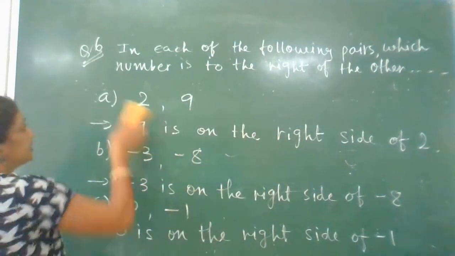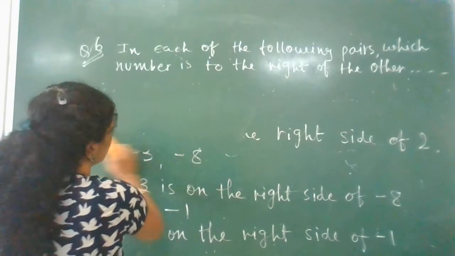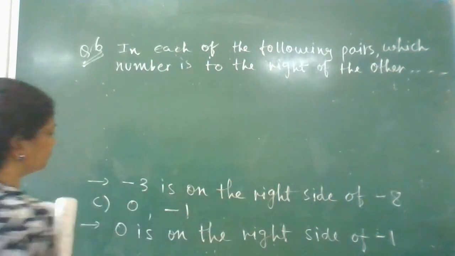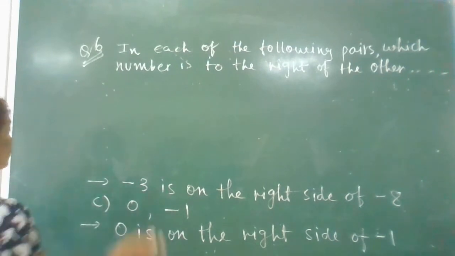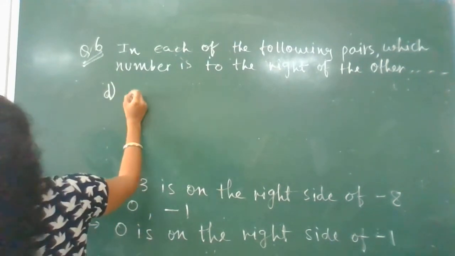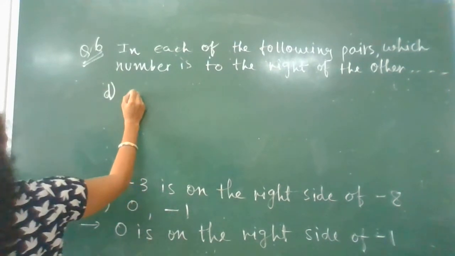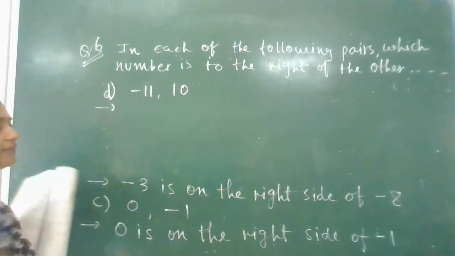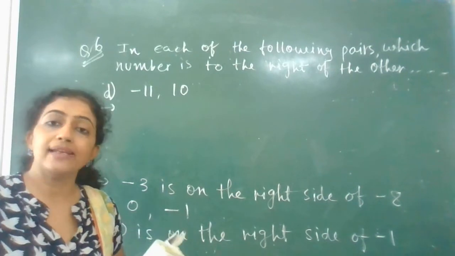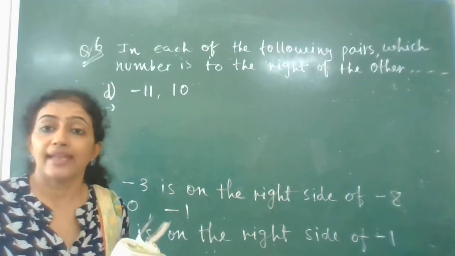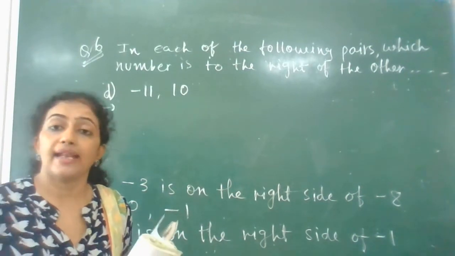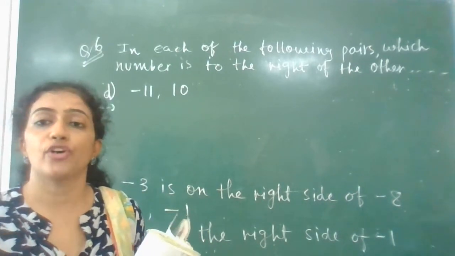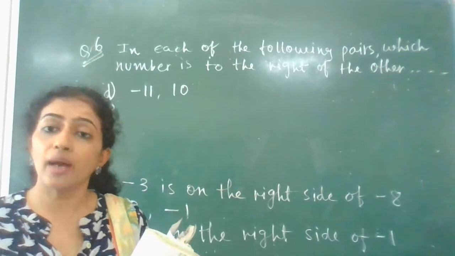Now the next one, D, is minus 11 and 10. As we all know, out of minus 11 and 10, 10 is bigger, and the bigger number is always on the right side of the other number.